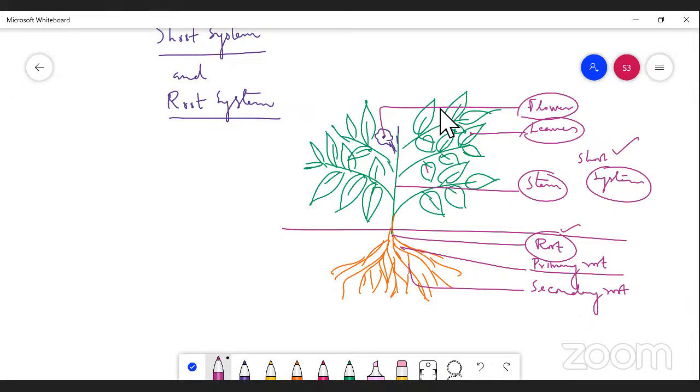The shoot system consists of the flower, leaves, and stem, and the root system consists of the primary roots and the secondary roots. These are the parts of the flowering plants, the angiosperms. Angio means box, sperm means seed. The two systems are the shoot system and the root system.